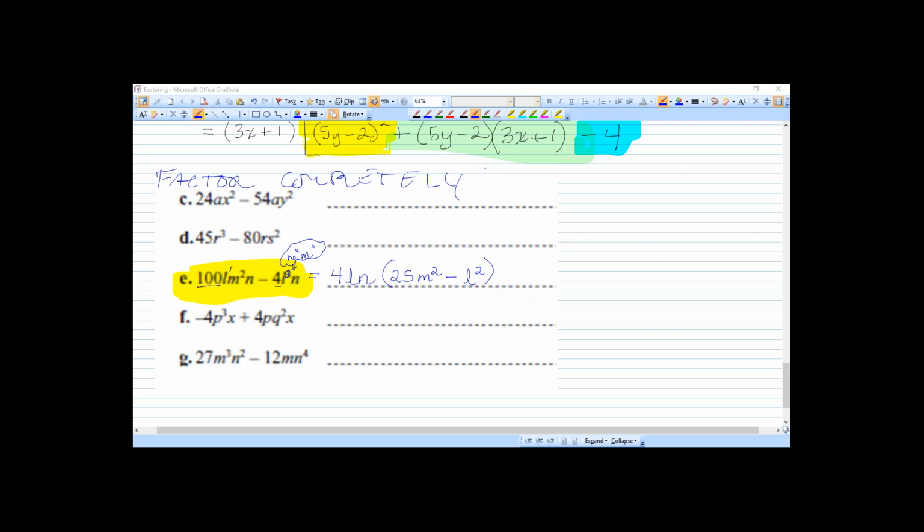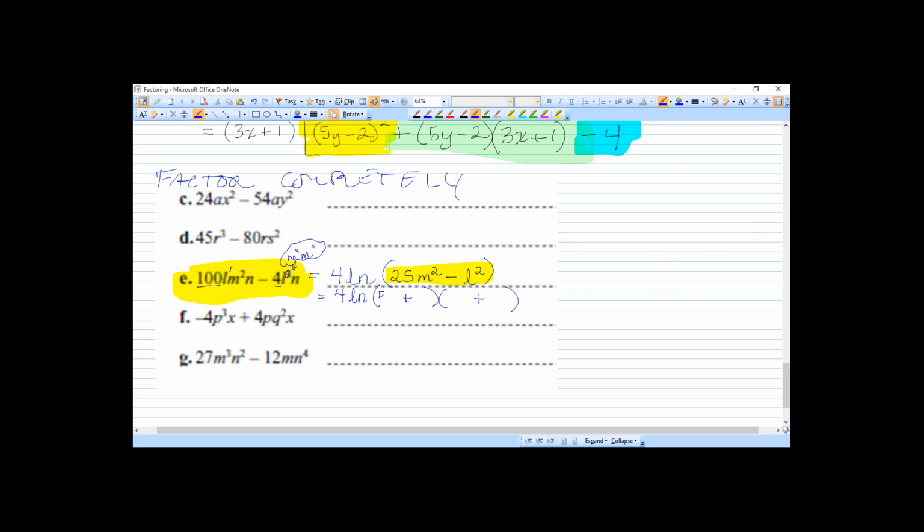So we want to make sure you can't factor again. So we check these leftovers here to be sure. And sure enough, in this one, we can factor this as a difference of two perfect squares. So this ends up looking like this, 4ln. And we have the sum and the difference, right, of the same two values.